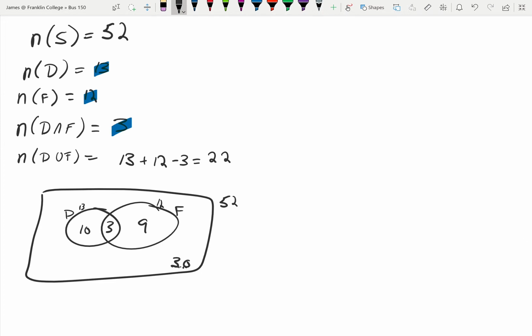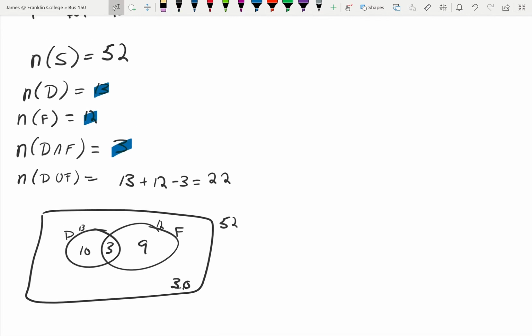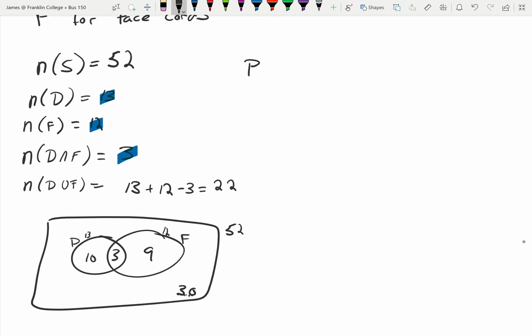Now that we have figured out all of this information, we can figure out the probability of a face card being drawn at random from our deck. Well, if we know that there are 12 face cards total, that is just the number of face cards divided by the number in our total sample space.